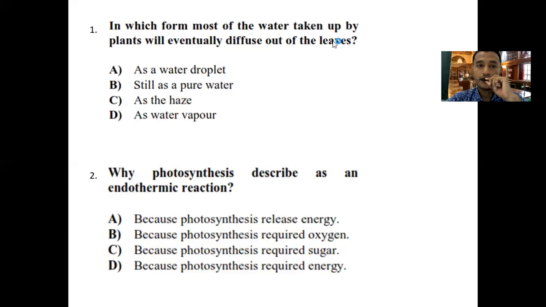All right. For number one, in this slide, you can see the question is about water and relates to photosynthesis. In which form is most of the water taken up by plants eventually diffused out of the leaf?